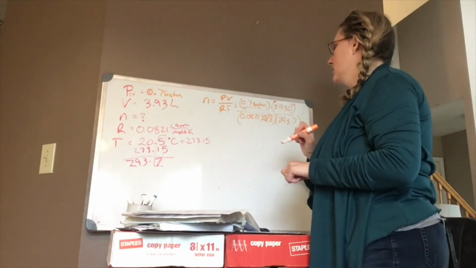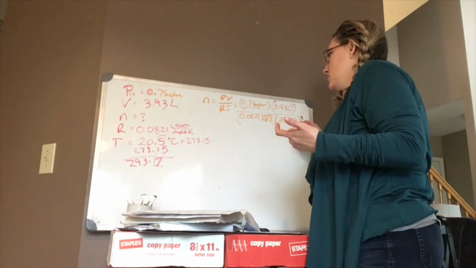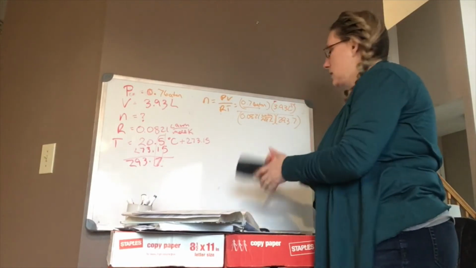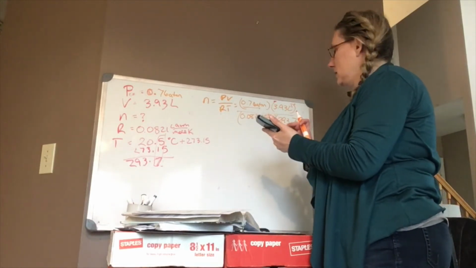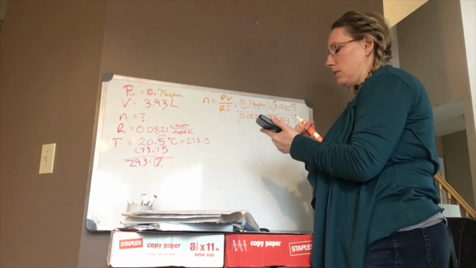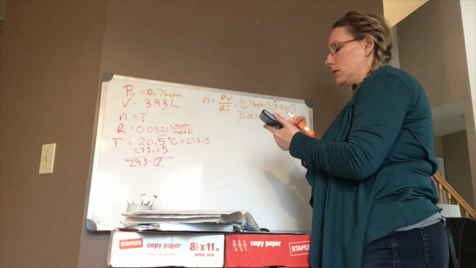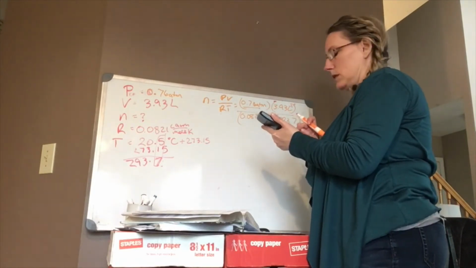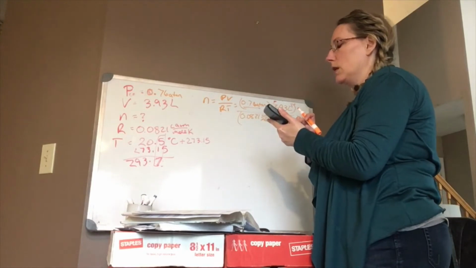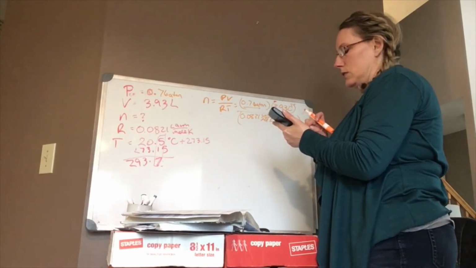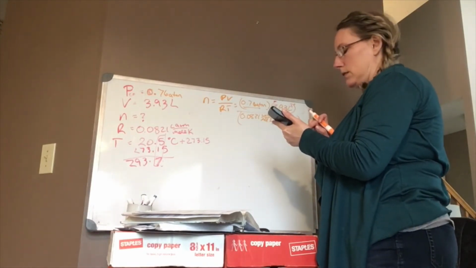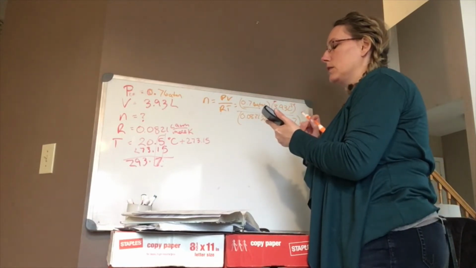I only have two significant digits here, so my answer can only have 2. So what's that? 0.76 times 3.93 divided by parentheses 0.0821 times 293.7.